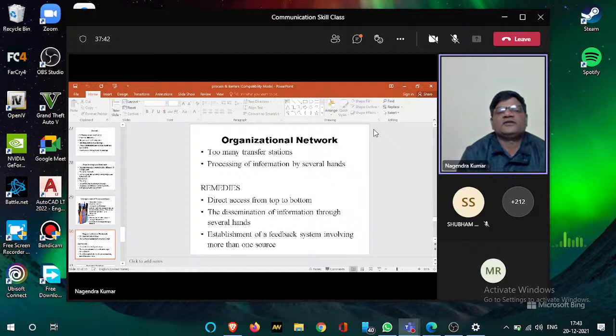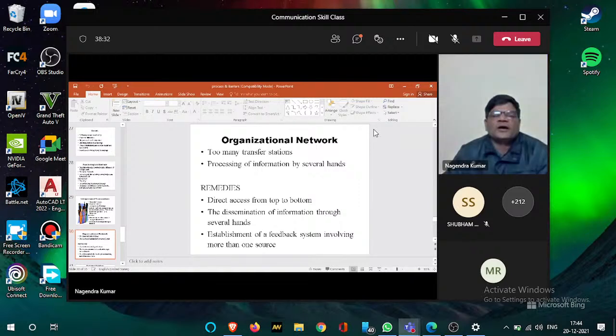And again, the dissemination of information through several hands, in the sense you don't have to worry that the original message will reach the concerned person, because if you write to anybody, that person will send it to the next station and automatically it will go to its destination.